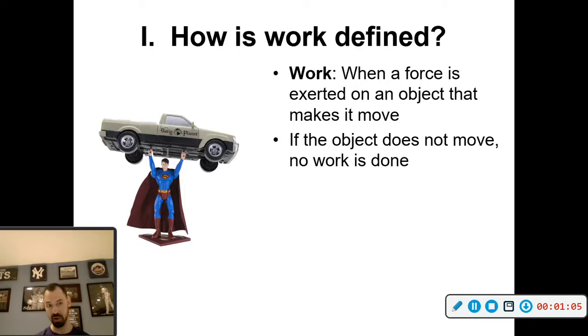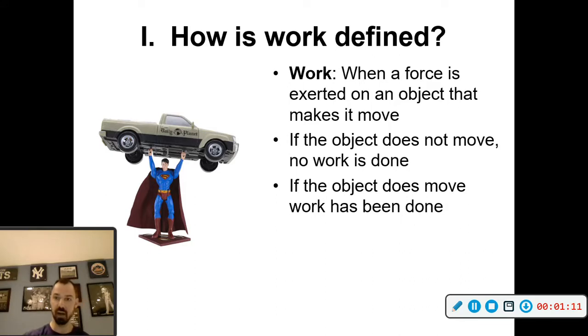You may be putting effort in, but you're not getting the result of movement. If the object does move, work has been done. Another example: if I'm holding an object such as my phone or book and I'm not moving, I'm not doing any work. It's not until I actually pick it up or move it up and down that I'm doing work.